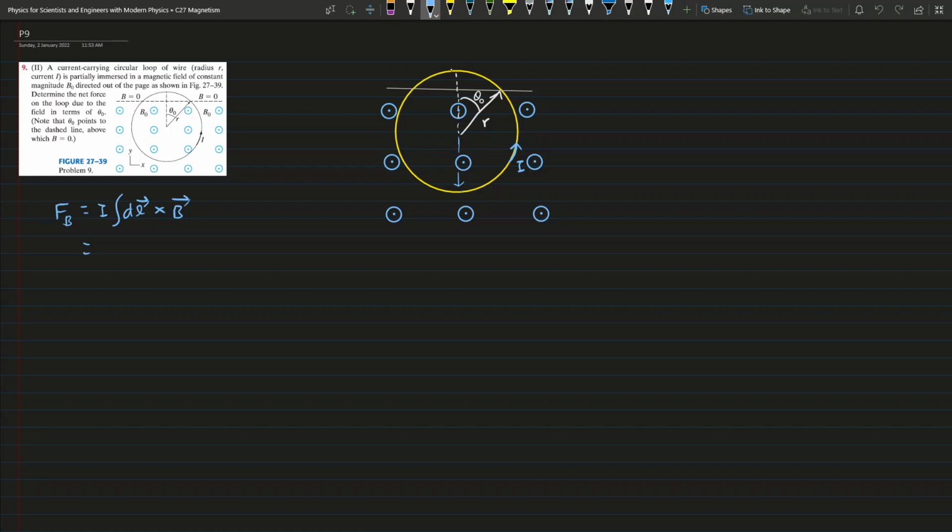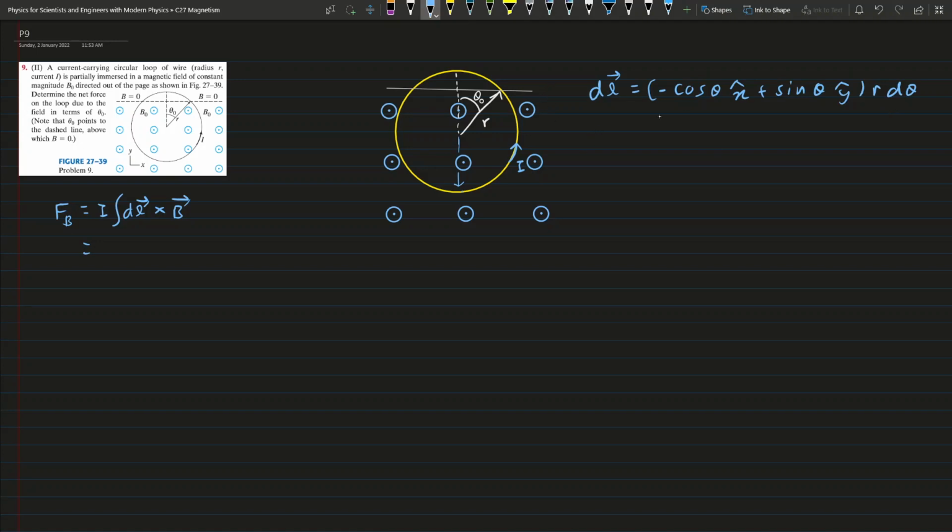You can see here this is a circle, which we can treat as the arc length. We know this dl is given by negative cos theta x plus sine theta y, R d theta.